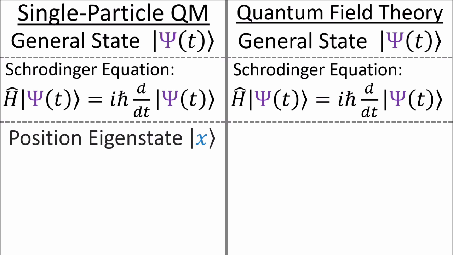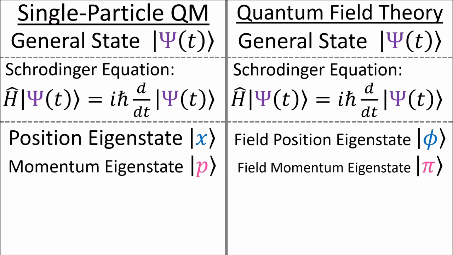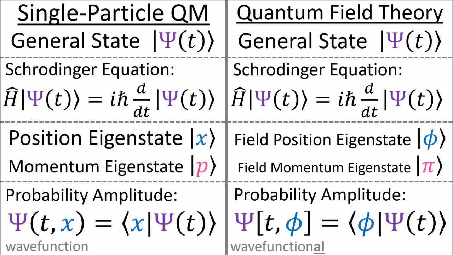It's just that the states for quantum mechanics involve individual positions or momenta for individual particles, whereas states in quantum field theory correspond to possible field configurations or field momentum configurations for an entire field of quantum oscillators. The inner product of these eigenstates with the state psi of t gives the probability amplitude of the state psi of t collapsing onto that eigenstate. So hopefully that gives you an idea for what a quantum field is.